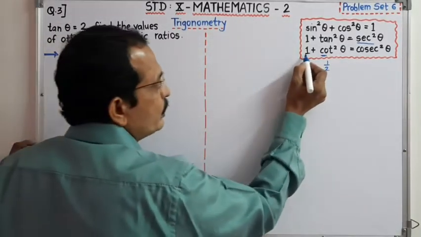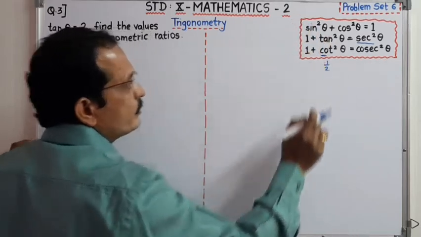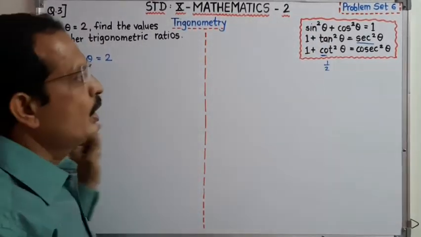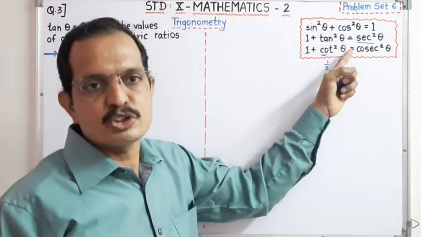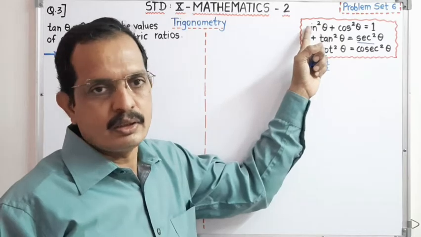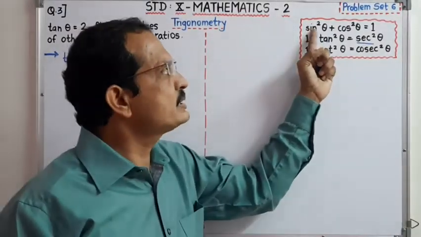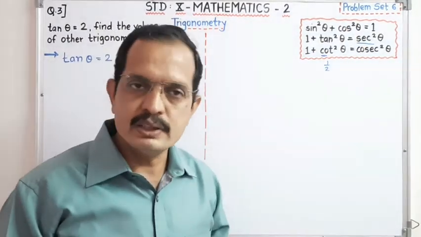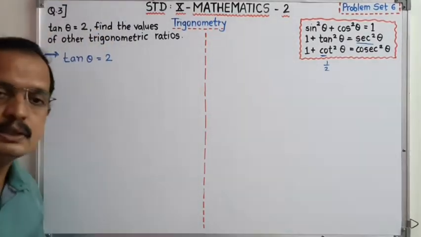Now easily we can find out cosec square theta, that means cosec theta. Cosec is the inverse of sine. Got it? Therefore, by using this we can find out sine. And by using sine square theta plus cos square theta, we can find out cos theta. Very simple.